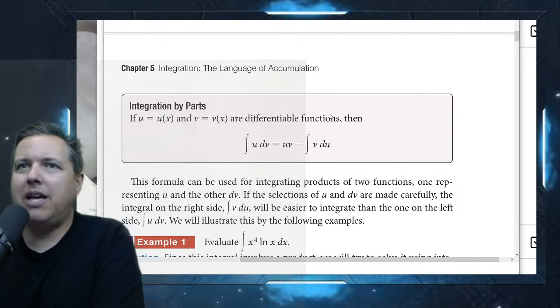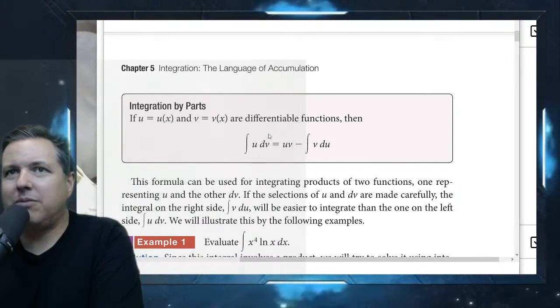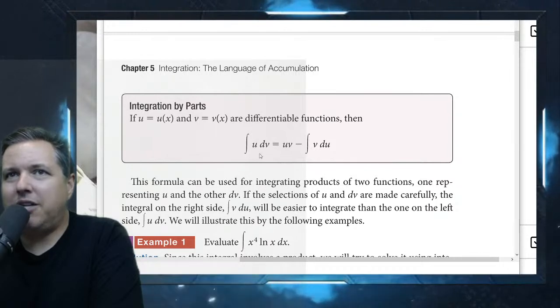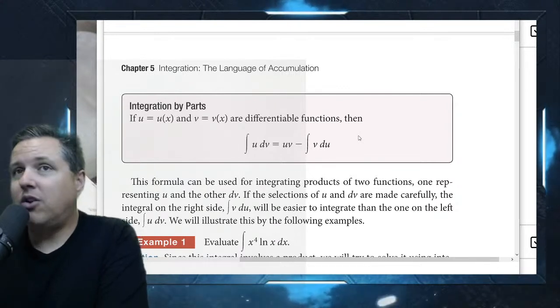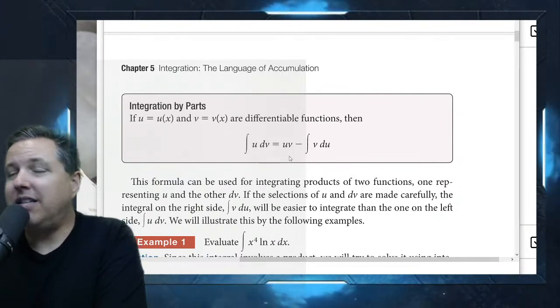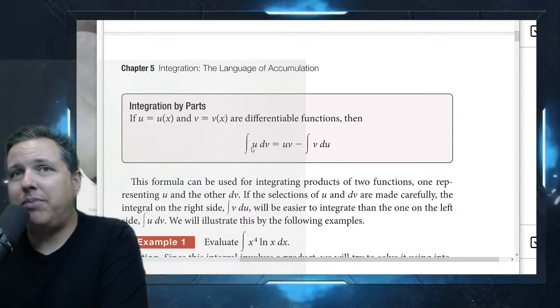That seems more complicated, but the key is sometimes this is really difficult or impossible to calculate, but if we can change it around a little bit, then this integral can be easy. So even though we have a couple more steps to do on the right side of the equation, the hope is that at least we can finish it. We can complete it, whereas over here we might be stuck.